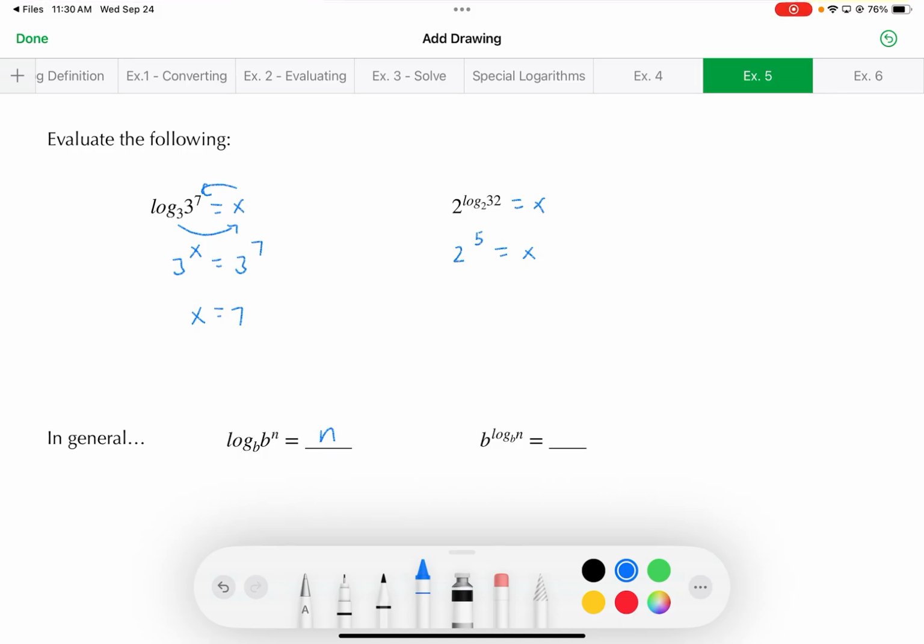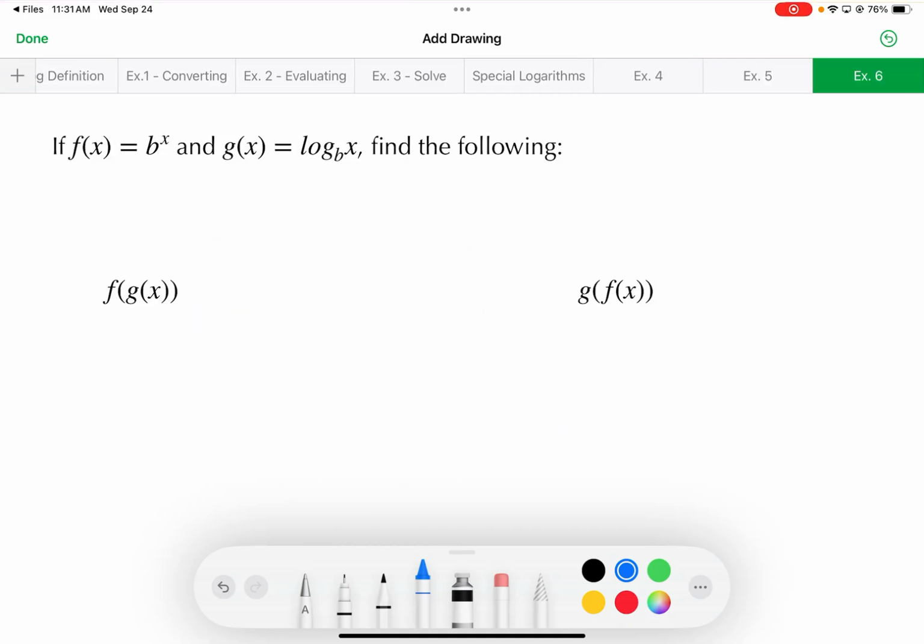So I substitute that 5 in for the log there, and then 2 to the 5th is 32. Okay, oh, what do you notice? That's the argument of the logarithm that was in the exponent, right? Okay, so in general then, what do you think b raised to the power log base b of n is? Just n. The bases effectively wipe each other out there.